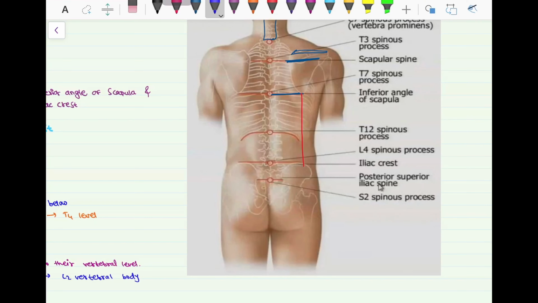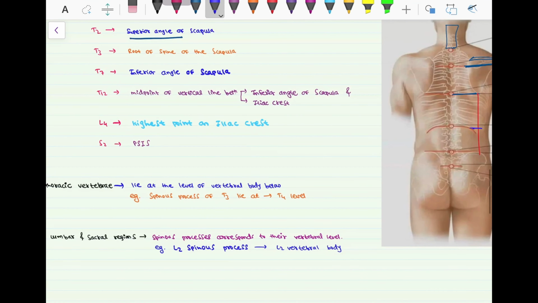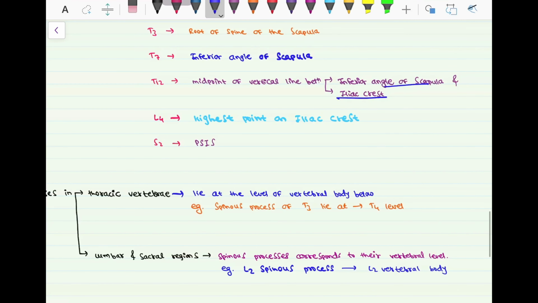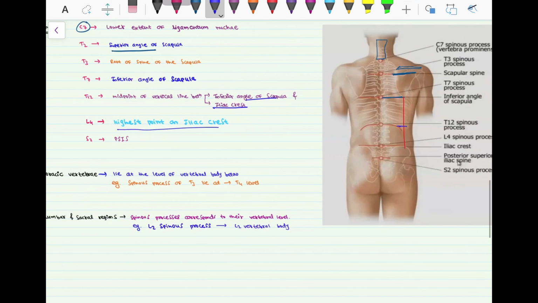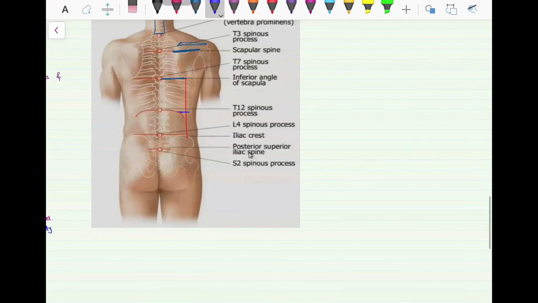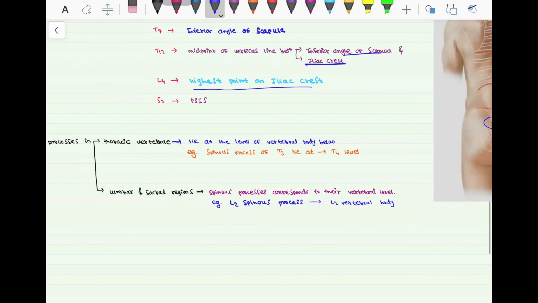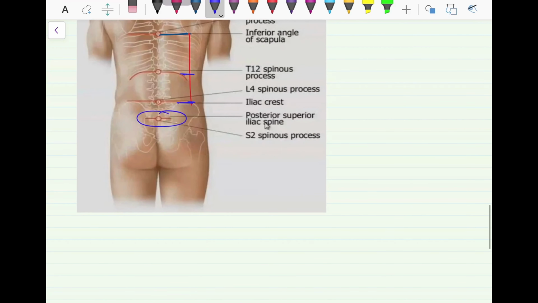So this T12 spinous process marks the midpoint of the vertical line drawn from the inferior angle of the scapula to the iliac crest. Then L4 is the highest point on the iliac crest, and S2 marks the posterior superior iliac spine.